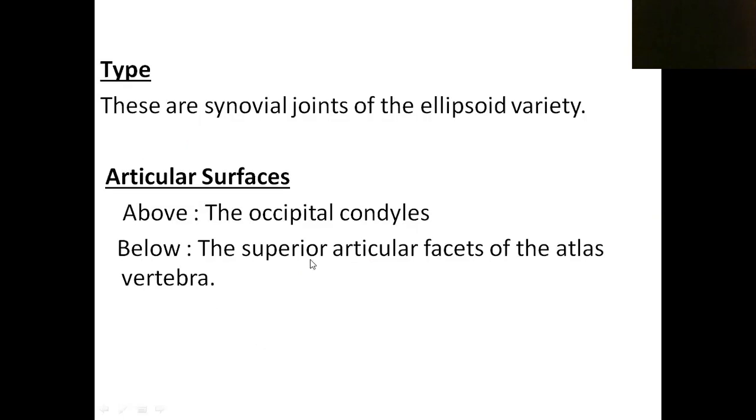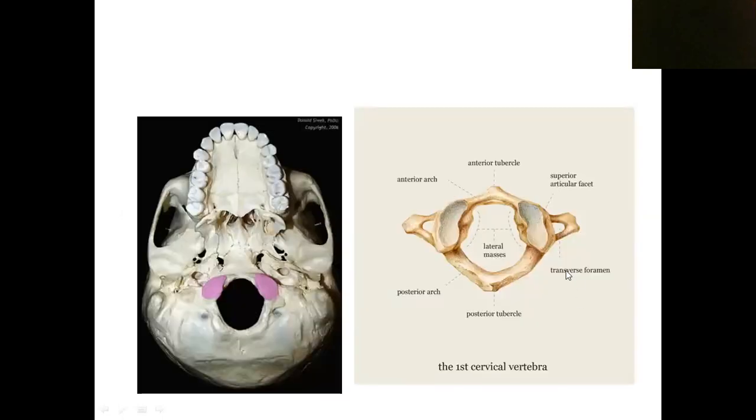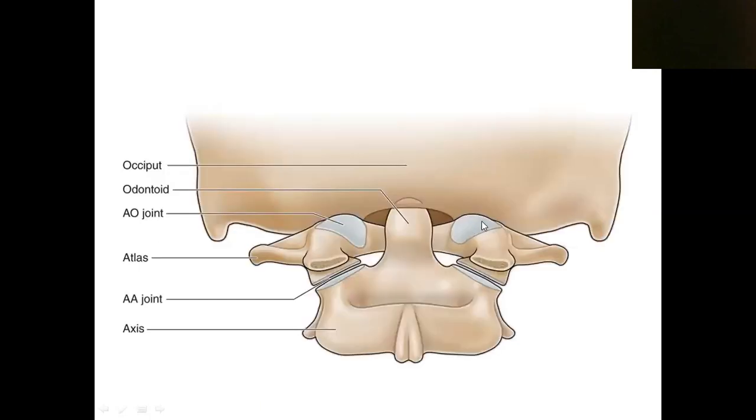Then inferiorly, below, the superior articular facet of the atlas vertebra. See, this is our atlas vertebra, and these are the two superior articular surfaces of the atlas.